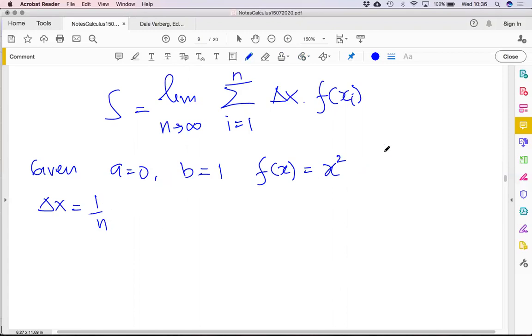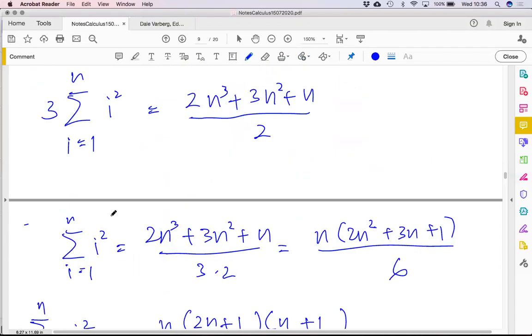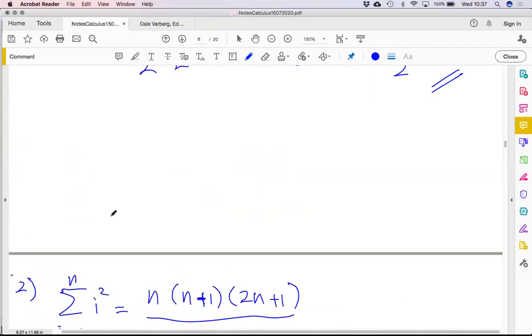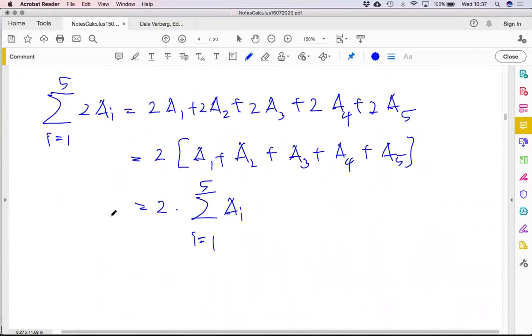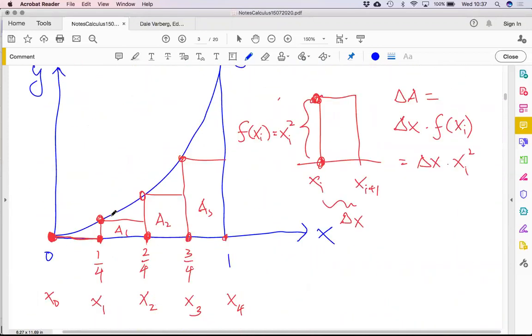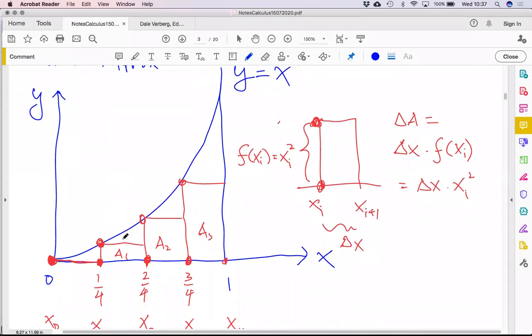Then we have delta x, this is the area that we already have before from the first example.